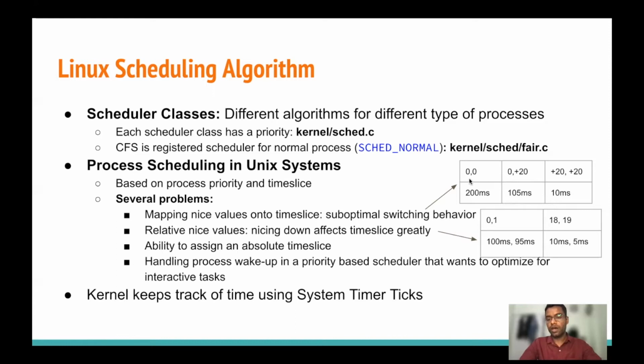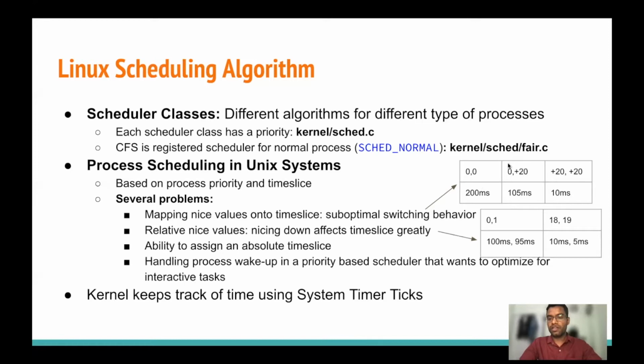If we are running two normal processes with a nice value of 0, then each process will get 100 milliseconds of the processor. Every process will be scheduled and two context switches will happen after each 200 milliseconds.